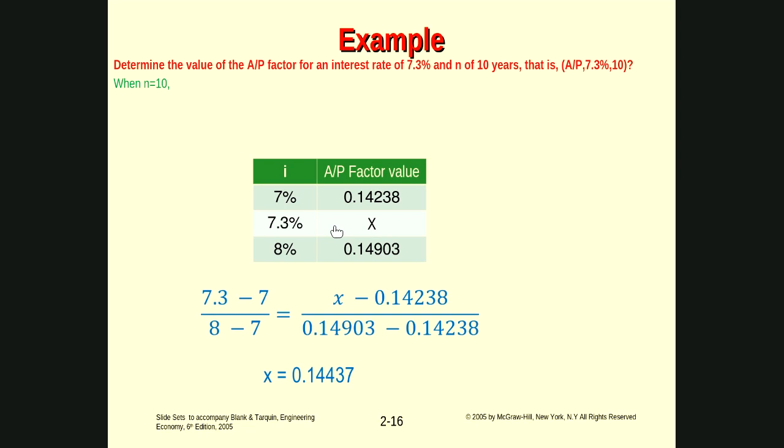So you use the formula here: you subtract the 7 from the 7.3 and divide by 8 minus 7, and then you equate that with the subtraction of the other side of the table, x minus 0.14 divided by 0.14 minus x.